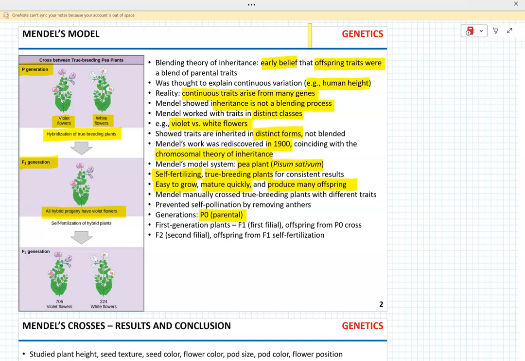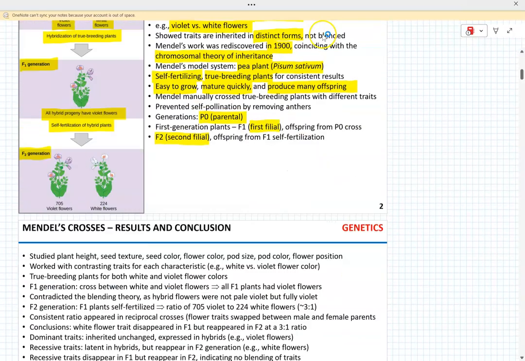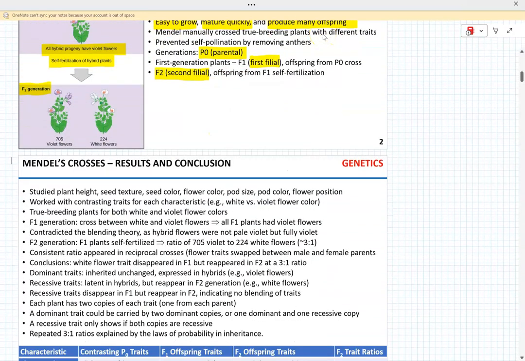That first generation, F1, is referred to as first filial, which contains offspring from the parental plants cross. Then plants from the first generation self-fertilized, so these hybrid plants self-fertilized, producing F2, second filial generation, and in that generation, Mendel recovered the white flower trait along with the violet flowers.